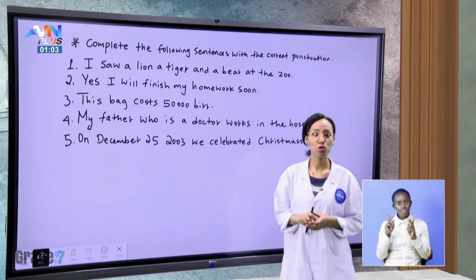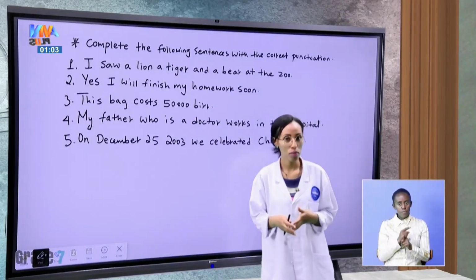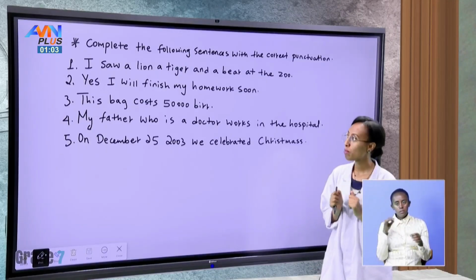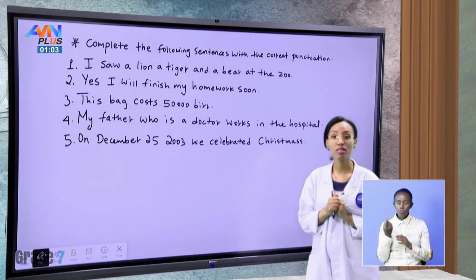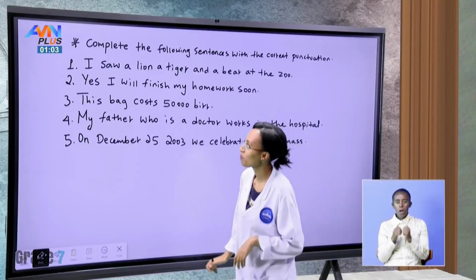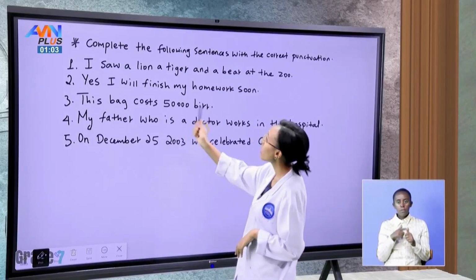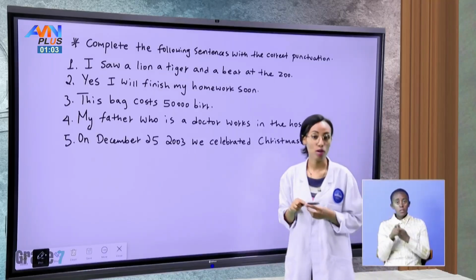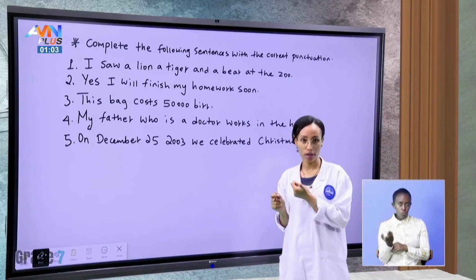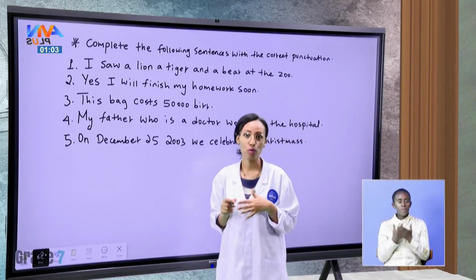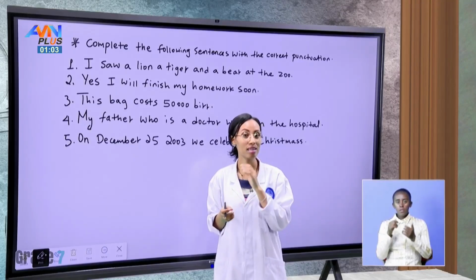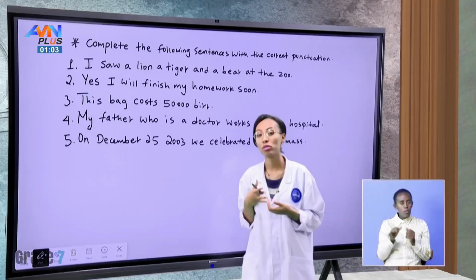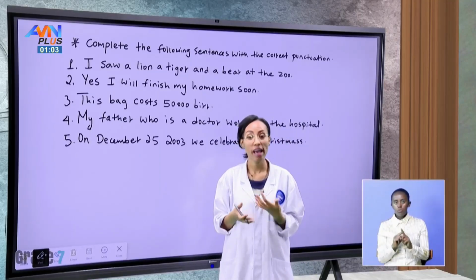Okay, I'm sure you all did a wonderful job and you tried your best to complete these sentences with the correct punctuation use. Okay, let's see it together and see how well you did. The first one, I saw a lion, a tiger, and a bear at the zoo. So if you remember our earlier examples when we were talking about a separated list of items, we used onions, we used potatoes, and we used carrots.